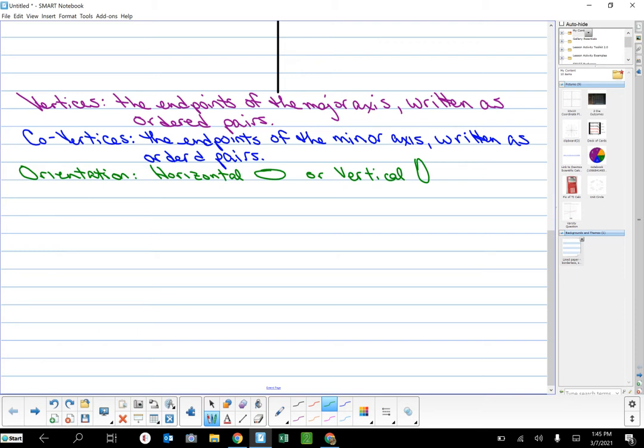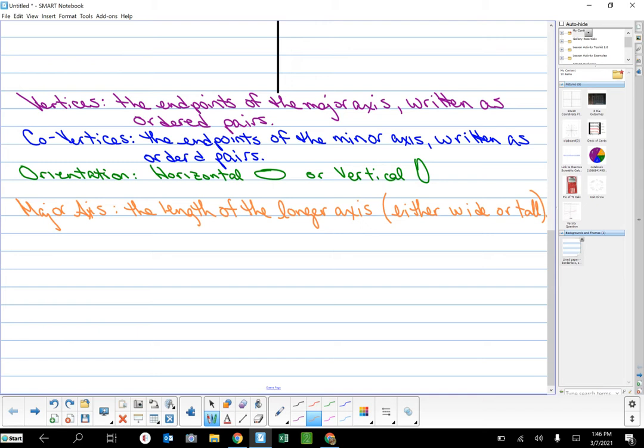Okay, so then we have the major axis. This is the length of the longer axis, either wide or tall.